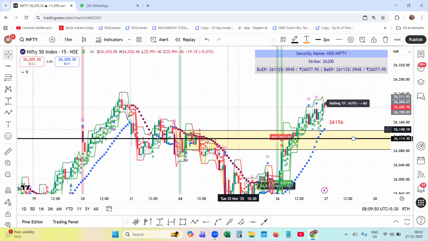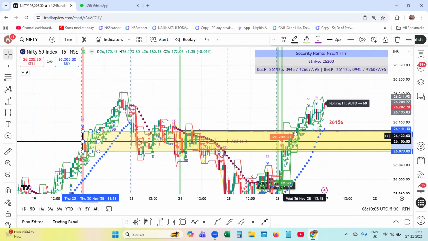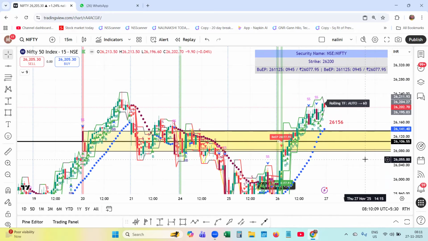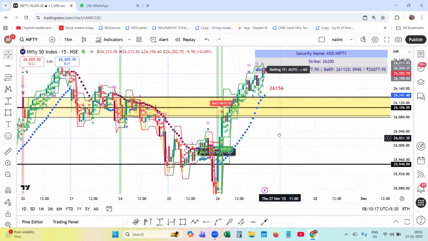If I go back, there is a level, so we will take the in-between levels. Let me mark this. See how the market crossed all these levels and has moved higher. So EP was triggered, the market went high, it came down and it started moving down here.